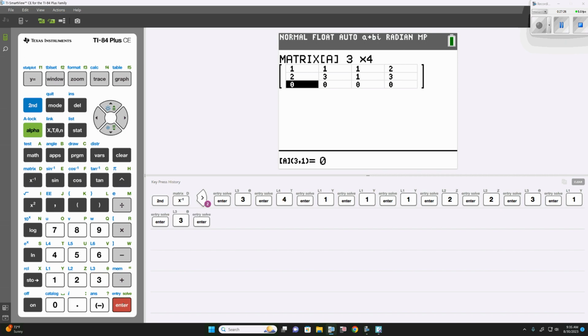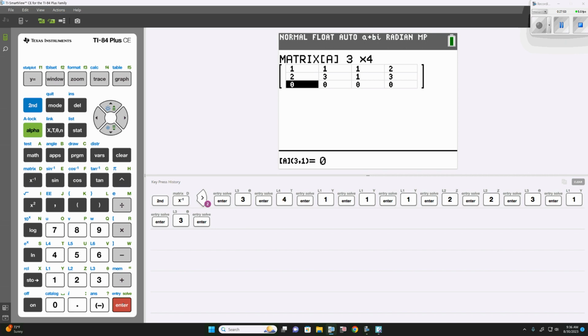It's still there, it's just not on the screen; it'll move over to it. 1, enter, 1, enter, 1, enter, 2.